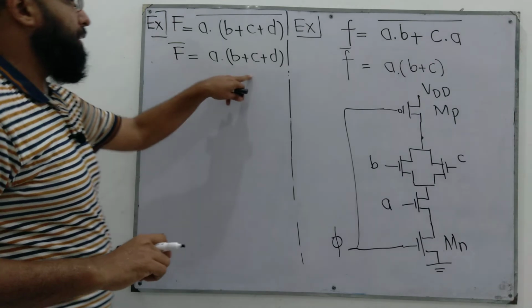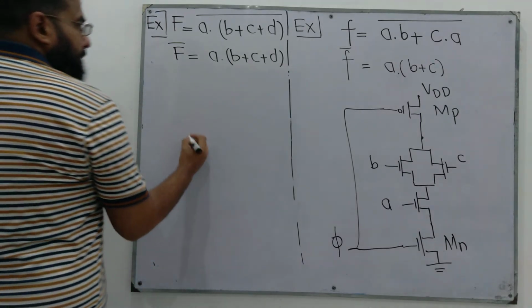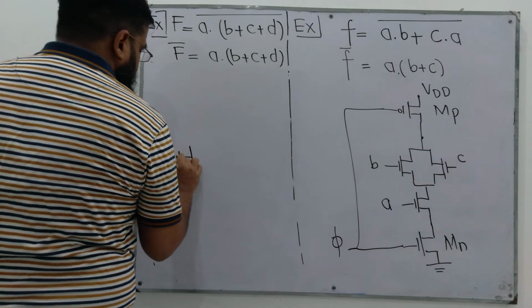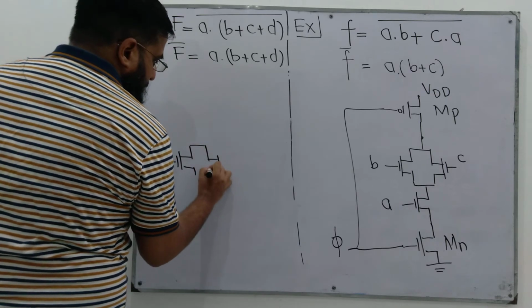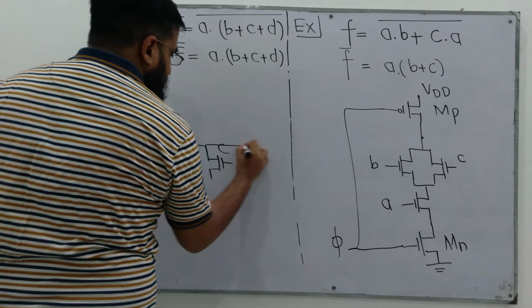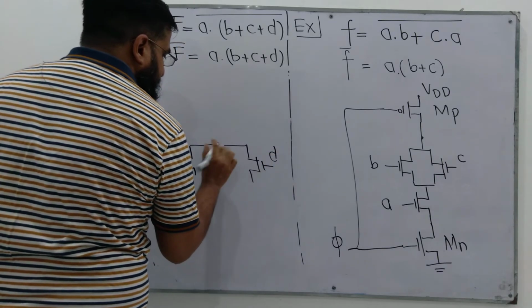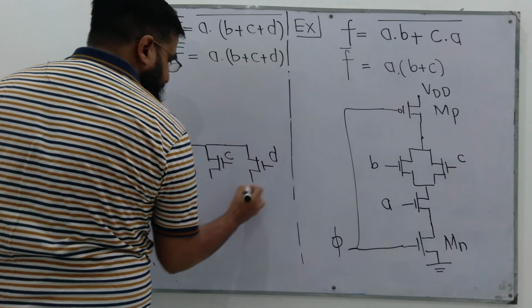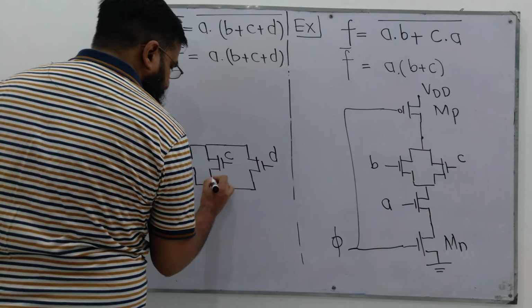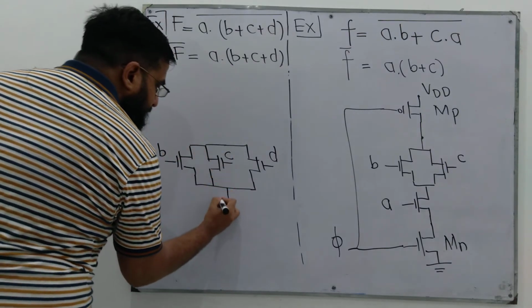So the complement is A and B or C or D. So B or C or D, ended with A.